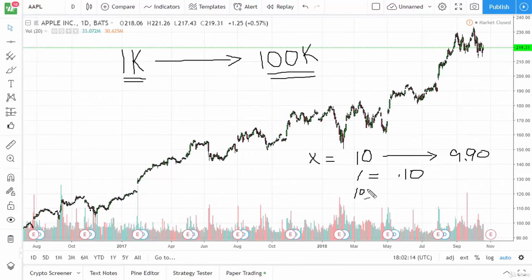Well, what happens if we own 100? Now we're down $10. How about 1,000? Well, now we're down $100, and so on.